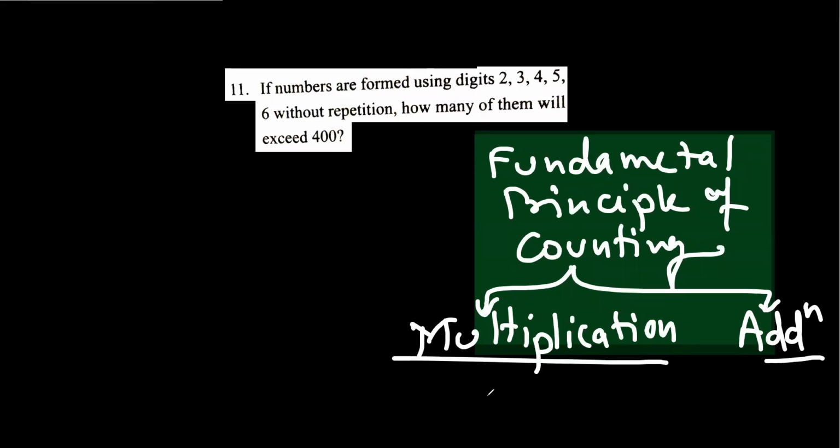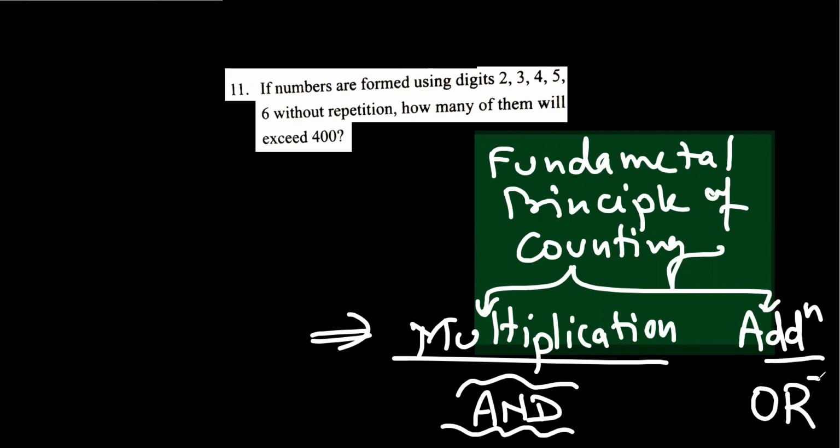In any question, if we come across an idea where we think the word and is being used, we will use principle of multiplication for counting the total number of ways. And if we are reading a question and across the idea we understand that the word or is being used, we will use the principle of addition.